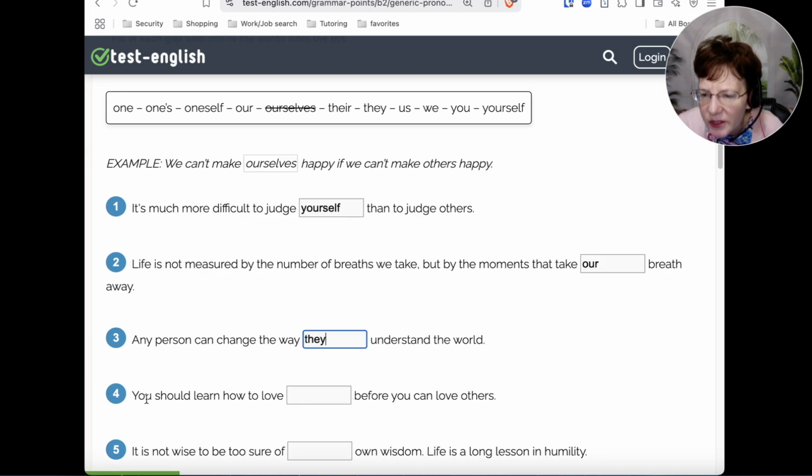So this one says you, so we know that it would definitely be the reflexive pronoun yourself. Although in number one, it doesn't mention anyone in particular. So let's just change this one to oneself right here. Oneself, just meaning any person in general. Okay, that'd be good. All right, so good job on these exercises.